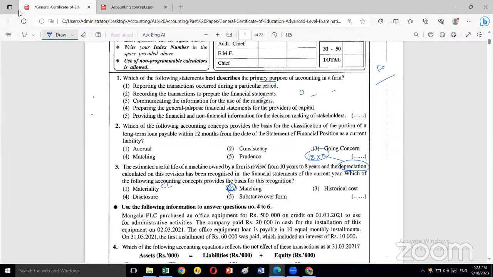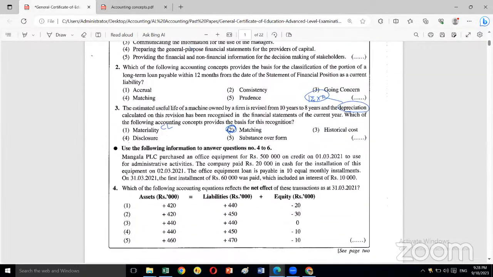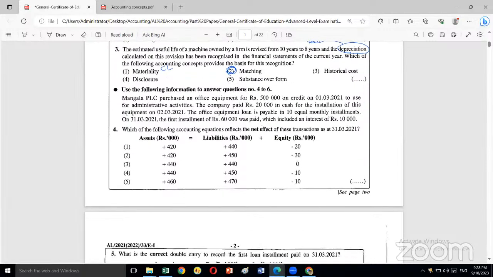You can easily remember it like that. Here they are talking about depreciation, which is an expense, so the concept is the matching concept. For question number 3, the answer is the second one.